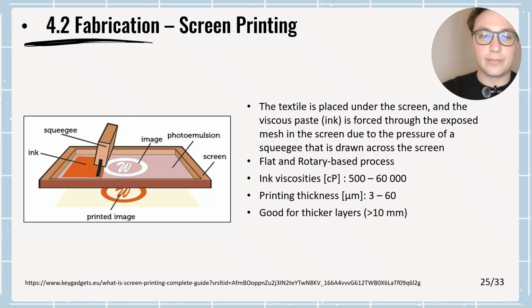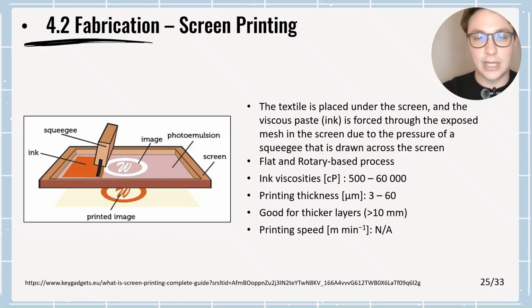It is a good fabrication process for thicker layers, so above 10 millimeter, by giving multiple layers of printed ink, we can achieve thicker layers. The speed, of course, is not available because we don't have any textiles passing through it.